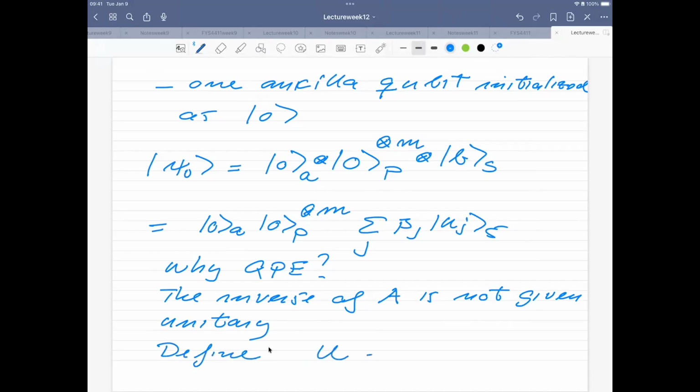So what we do then is that we define the unitary transformation, and I'm suppressing t as a variable, U equals e to the power i times A times t. So this is my unitary transformation. And you will now quickly see the link with the quantum phase estimation algorithm.